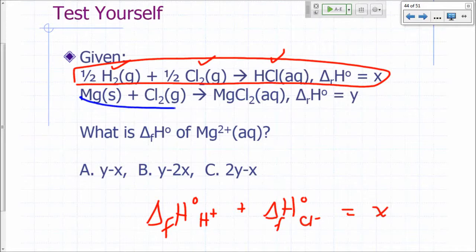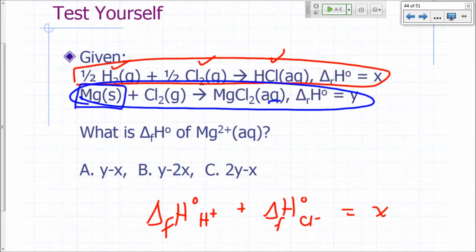What does this second one tell you? You're forming magnesium chloride in aqueous solution from magnesium, the element, and chlorine, the element.